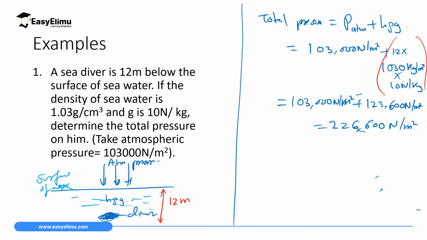So total pressure, you add the pressure of the liquid, that is H rho g, plus atmospheric pressure, which is automatically there.